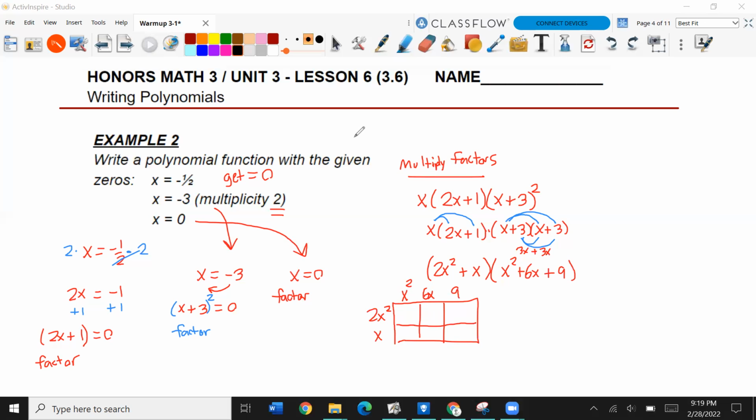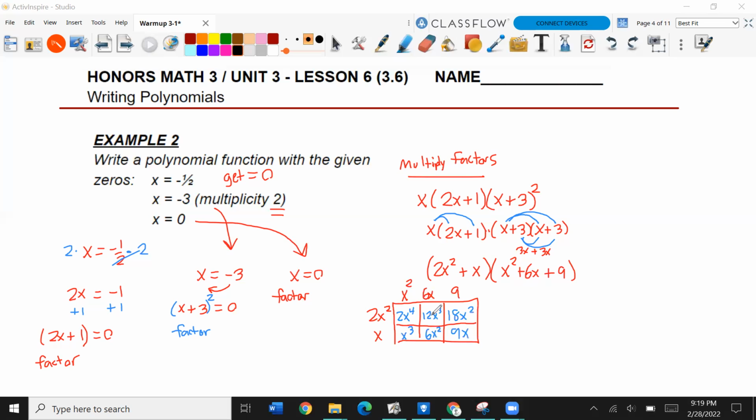Looks like everything's positive, so that does make it a little bit easier. And we're going to straight multiply inside the box. So it's going to be 2x to the 4th power. We got 2 times 6 is 12, so 12x cubed. 2 times 9 is 18, so we have 18x squared. 1x times x squared is x cubed. 6x times x is 6x squared. And 9 times x is 9x.